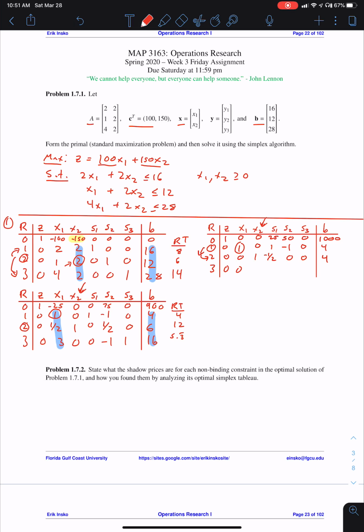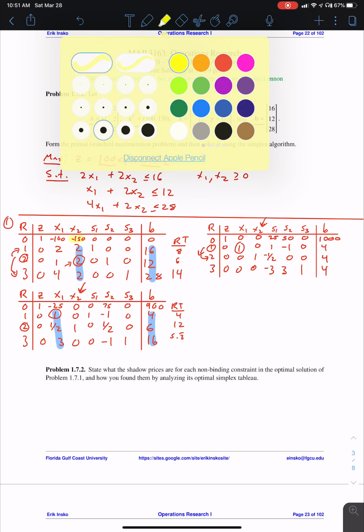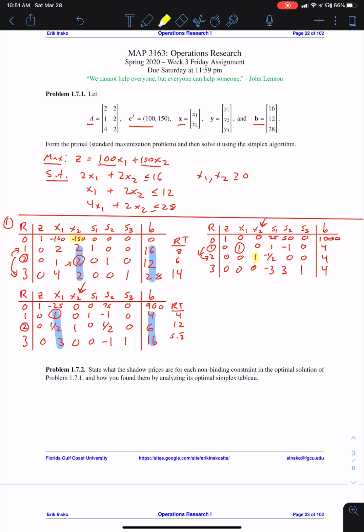So that's still 0, 0, negative 3, 3, 1, 4. So no more negatives, so we have our optimal solution. These are pivots. So our optimal solution will be z equals 1000 when x1 is equal to 4 and x2 is equal to 4.